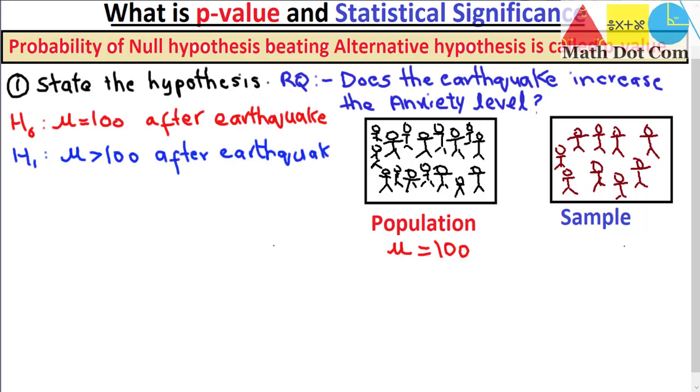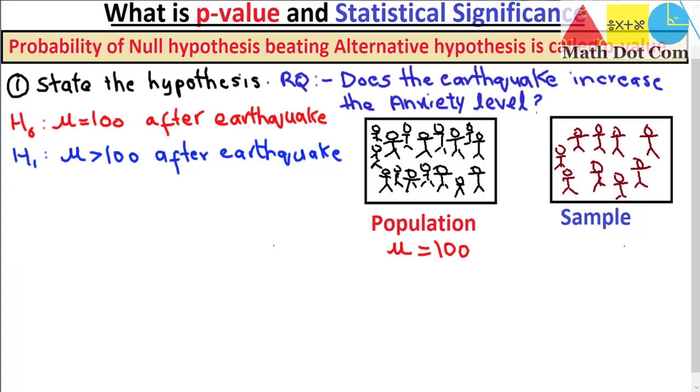So in the null hypothesis, we try to show that there is no impact of the earthquake on the anxiety level, while in the alternate hypothesis, we complement the null hypothesis that there is an effect of the earthquake on the mean anxiety level.